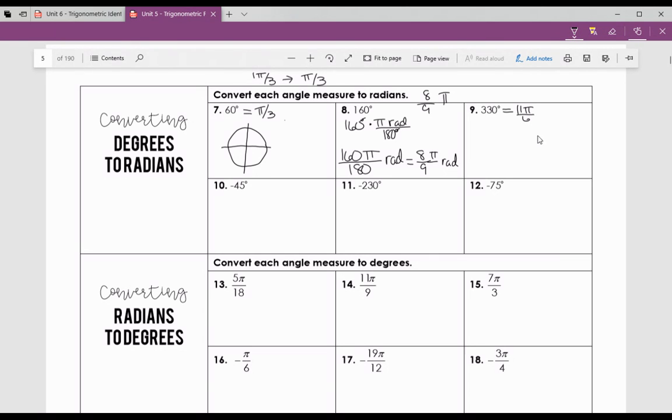Perfect. Okay. Now, what happens is, what's the difference between the 60 degrees and the pi over 3? All right. This is a 60-degree angle. The angle is 60 degrees. The pi over 3 part is the part of the circle that is cut off by that 60-degree angle. Does that make sense? So the angle itself is 60 degrees. And when you talk about pi over 3, you're talking about the arc cut by the 60-degree angle.